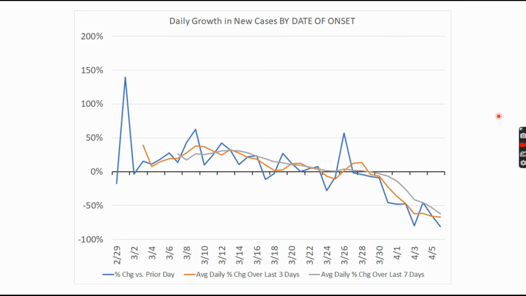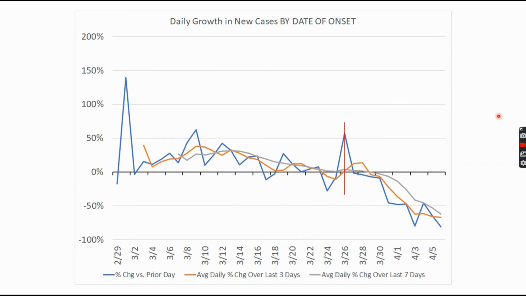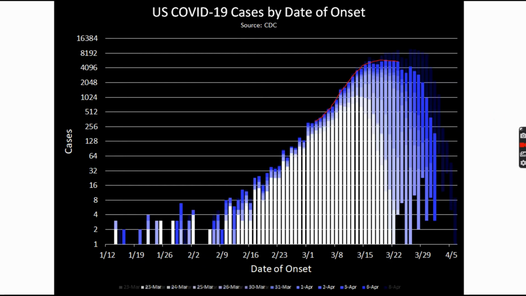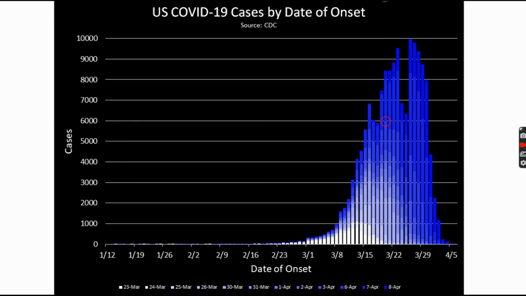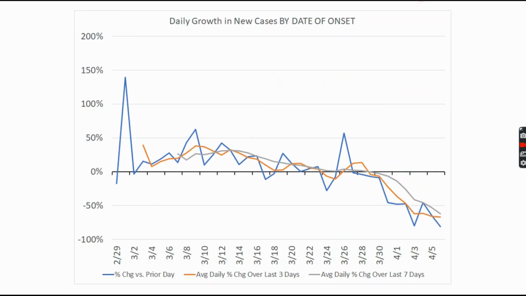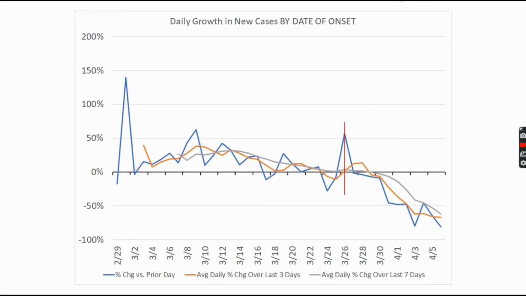All right, here is the growth rate in the new cases by date of onset, and here is the last peak. So I'll show you what I mean by that. I'll go back and show you. All right, so what I mean by the last peak is this number right here. Okay, so that red line is the last peak.